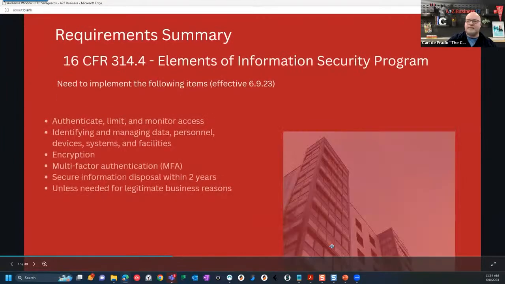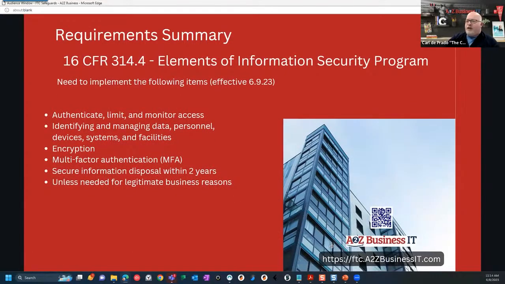So the other parts that we're talking about are, when we're talking about controls, you need to be able to authenticate, limit and monitor access. So in a physical environment, it's as simple as you lock up the files, you have a clean desk policy, you have your computers automatically turn off after a log out policy, so they can't stay on indefinitely.